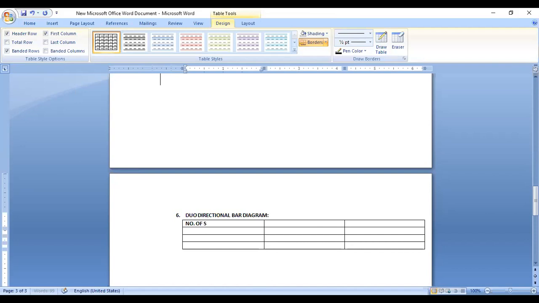Okay. Number of students, regular mode, and correspondence mode. Okay, number of students.